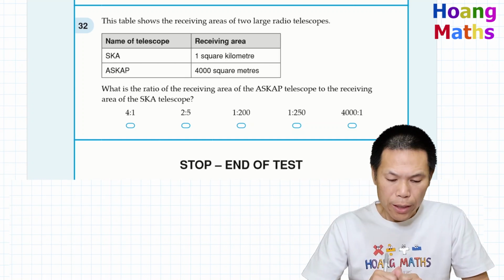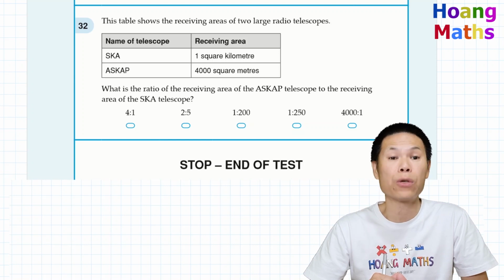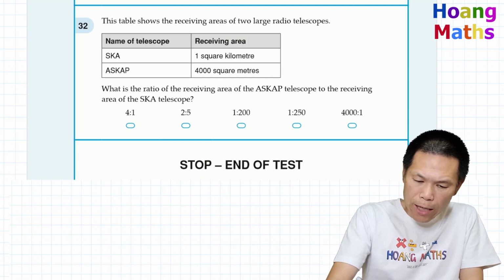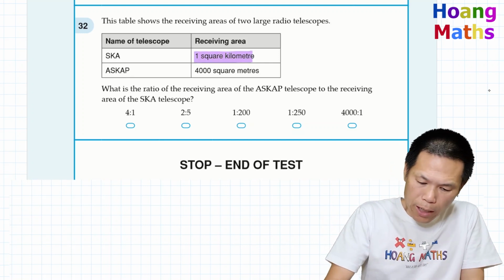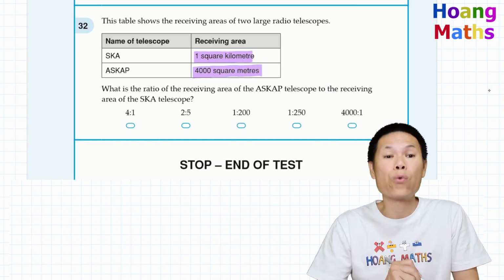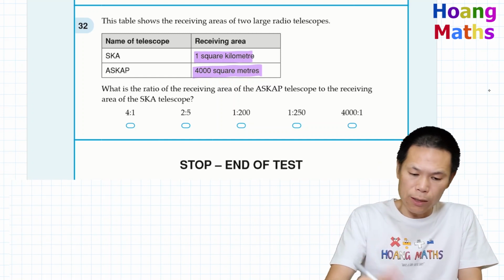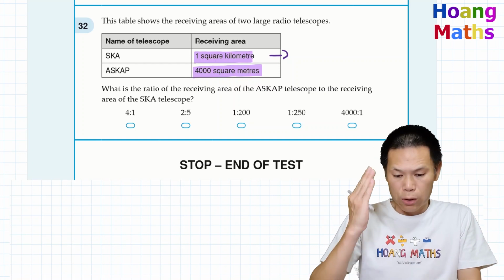Last one. This table shows the receiving areas of two large radio telescopes. SKA is 1 square kilometer and ASKAP is 4,000 square meters. So we need to convert to the same unit first. We can convert 1 square kilometer to square meters.